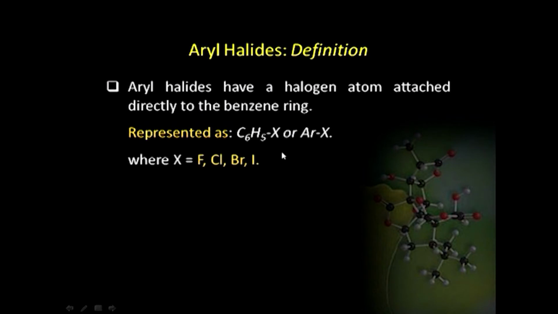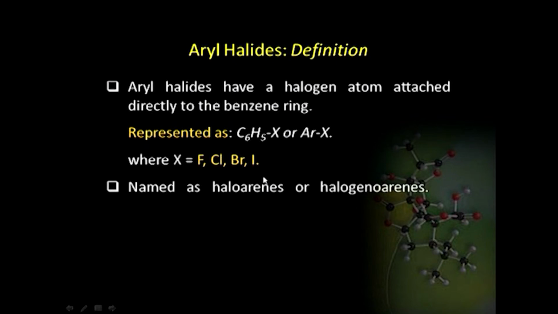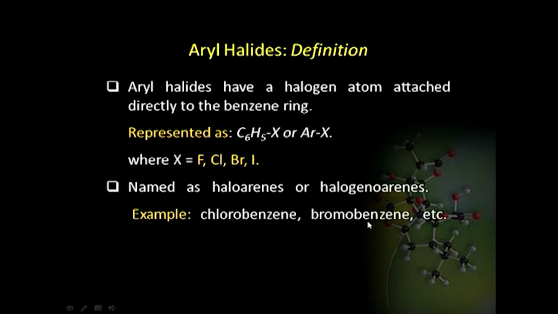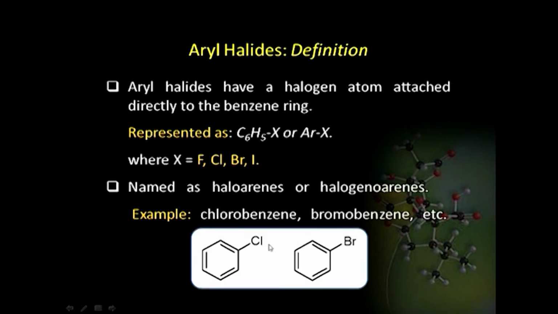The X can be fluorine, chlorine, bromine or iodine atom. These are named as haloarenes or halogenoarenes. For example, chlorobenzene, bromobenzene, etc. These are the structures of these two aryl halides.